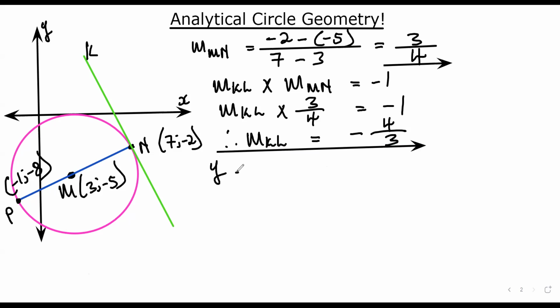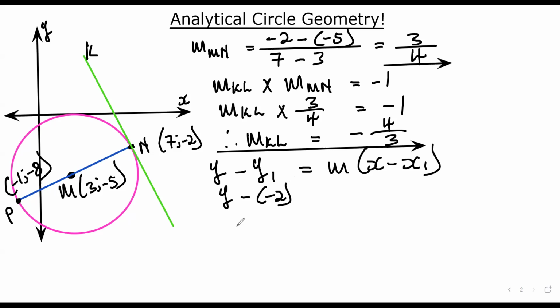Then we can easily go to our slope point form. That's the name of this equation. And then we say, well, our y1 is going to be -2. But since negative into -2 gives us a positive, we can stop fooling around already and just write it as y plus 2. And our x1 is just going to be 7.